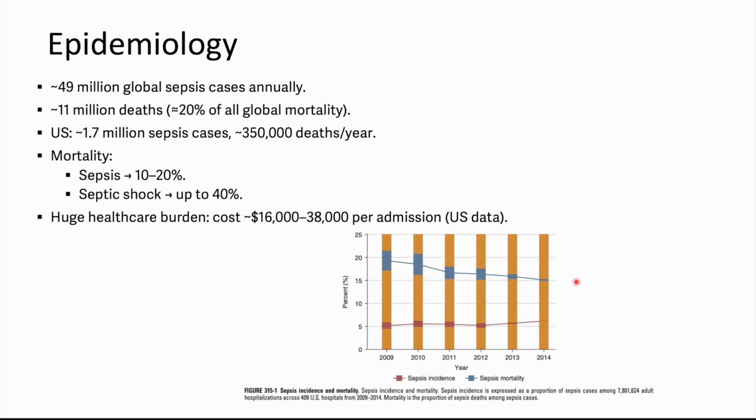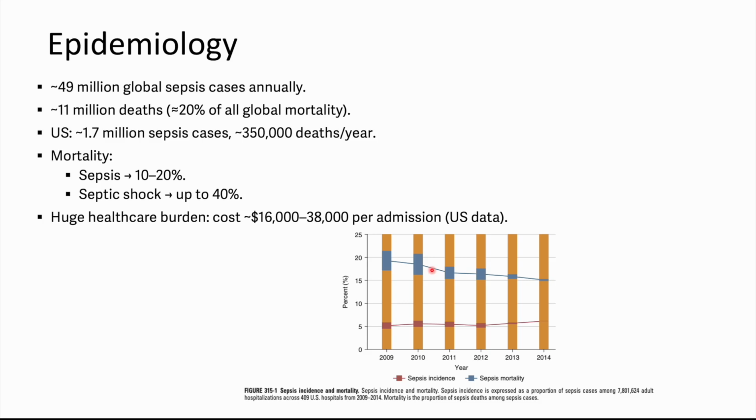So let's talk numbers now. Globally, around 49 million people get sepsis every year, and about 11 million people die every year. That's one in every five deaths worldwide. In the US alone, it's about 1.7 million cases and 350,000 deaths annually.